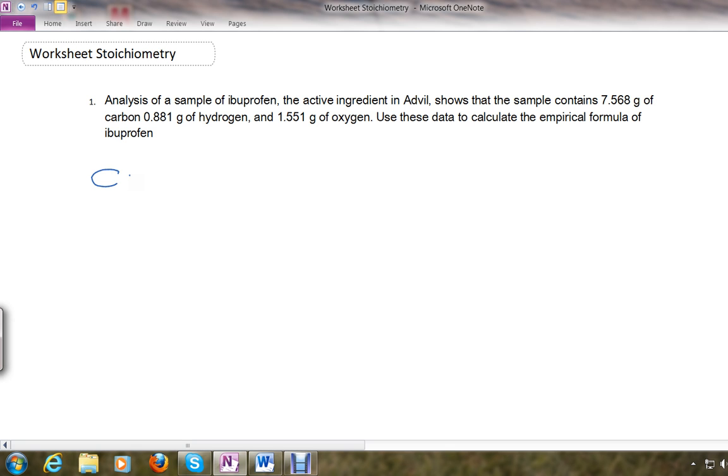Carbon contains 7.568 grams. Hydrogen contains 0.881 grams.